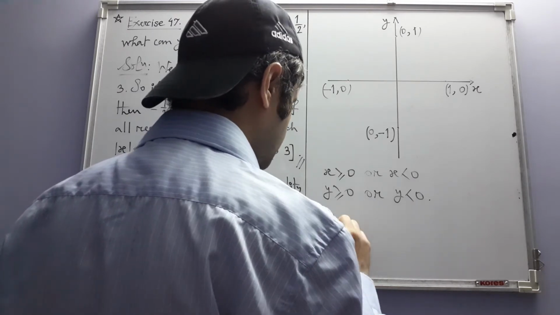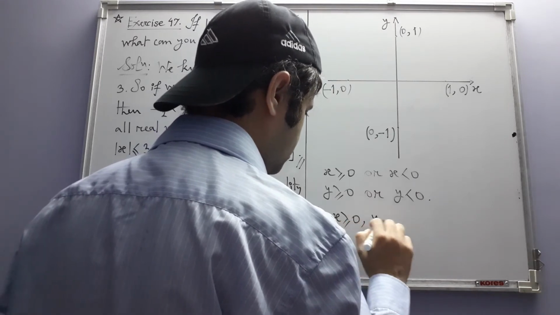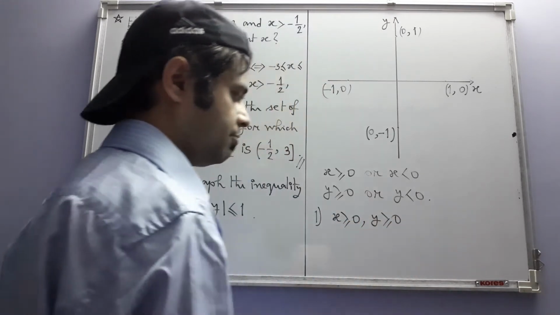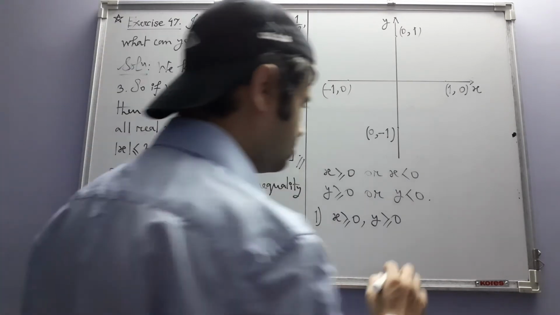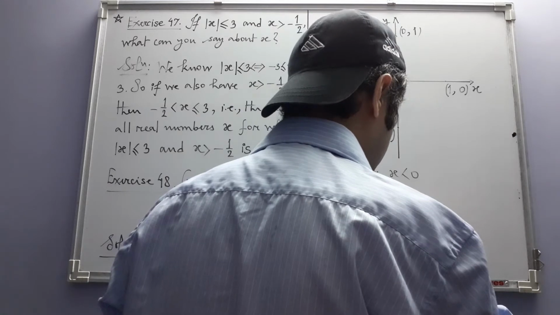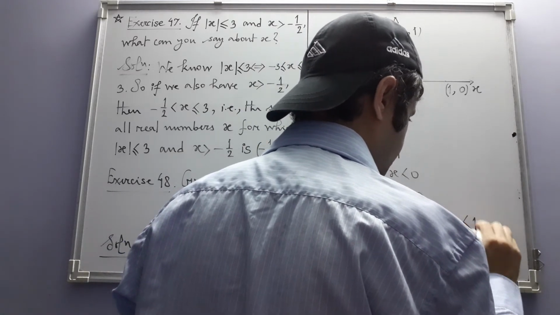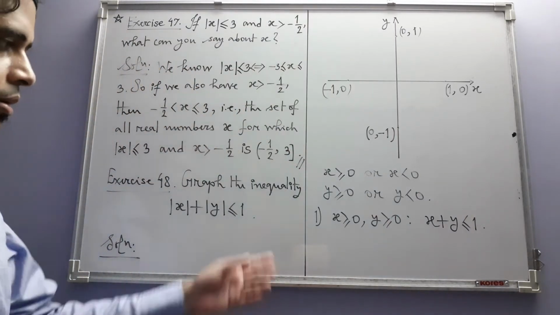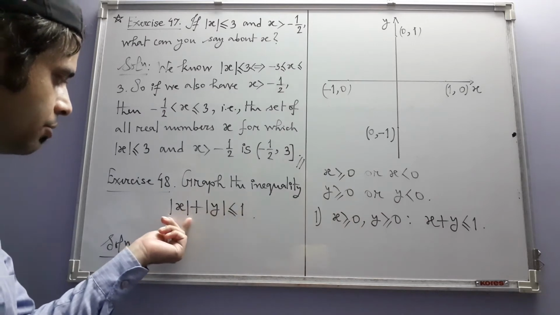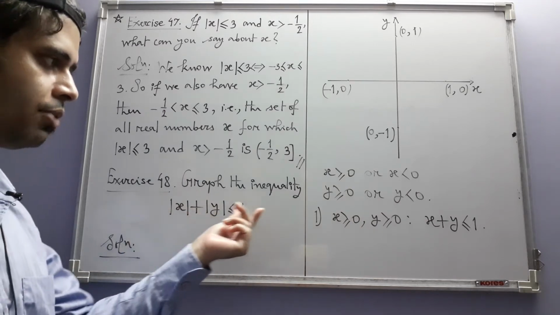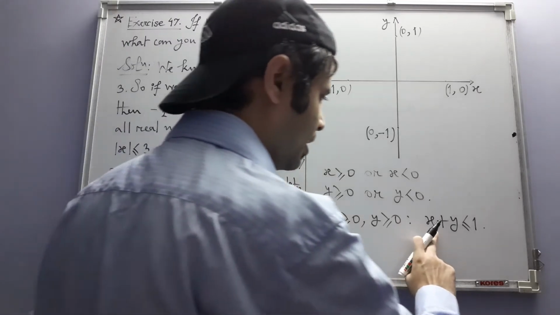Number 1, of course, is the case where both x and y are non-negative. In that case, this inequality will reduce to this. Because if these are the situations, then both absolute value of x and absolute value of y are equal to x and y respectively. So that's why we have this.